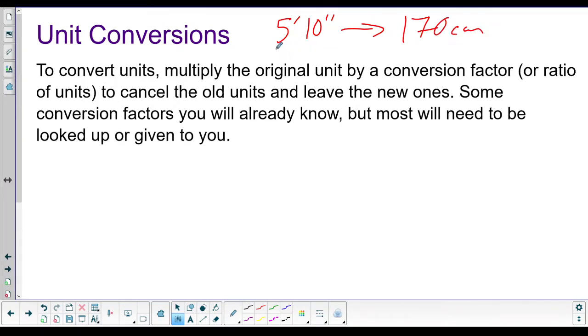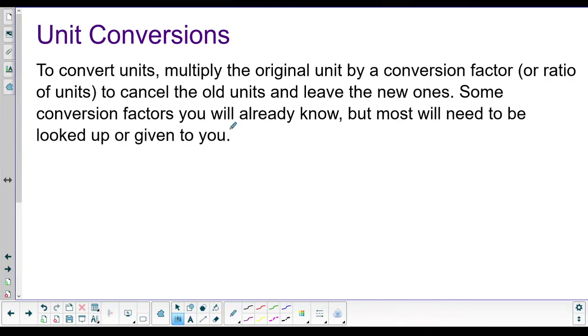We need to know, how do I get from this to this? So that's what we're going to learn. We're going to learn to convert one type of unit into another type of unit by doing some math. So to convert units, multiply the original unit by a conversion factor or ratio to cancel out the old units and leave the new ones.